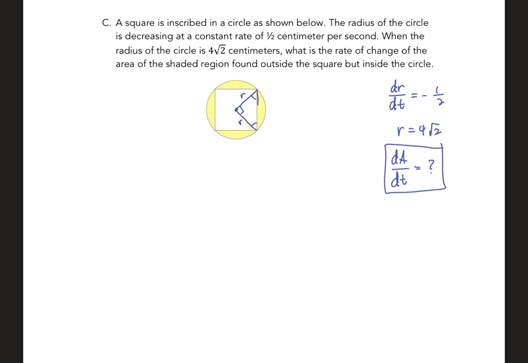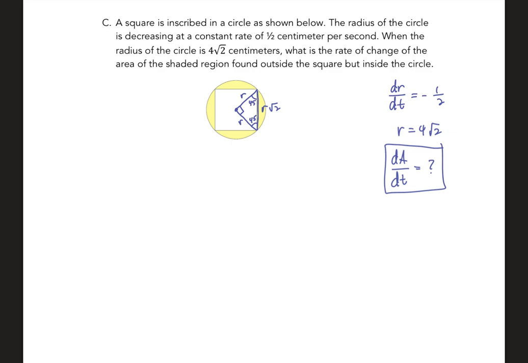Now this side of the square becomes the hypotenuse of this 45-45-90 triangle. So this is r√2. For 45-45-90 triangles, whatever the legs are, times √2, you get the hypotenuse. Noticing little things makes things go quicker, but a lot of people got the answer doing it a more standard way.